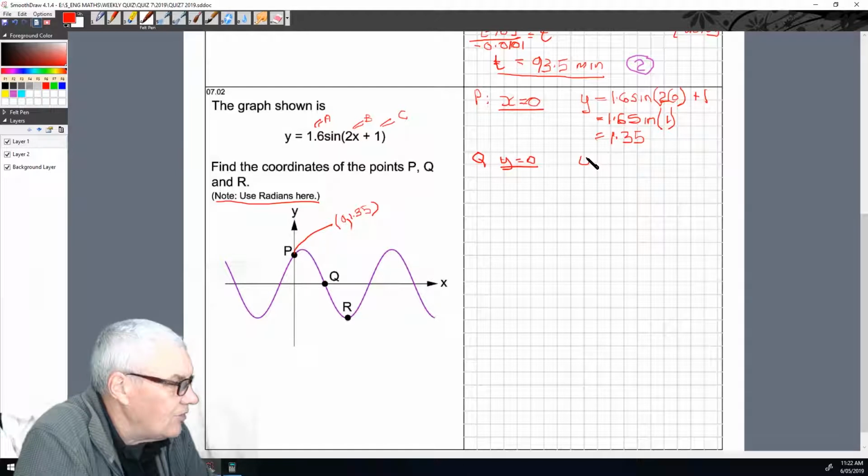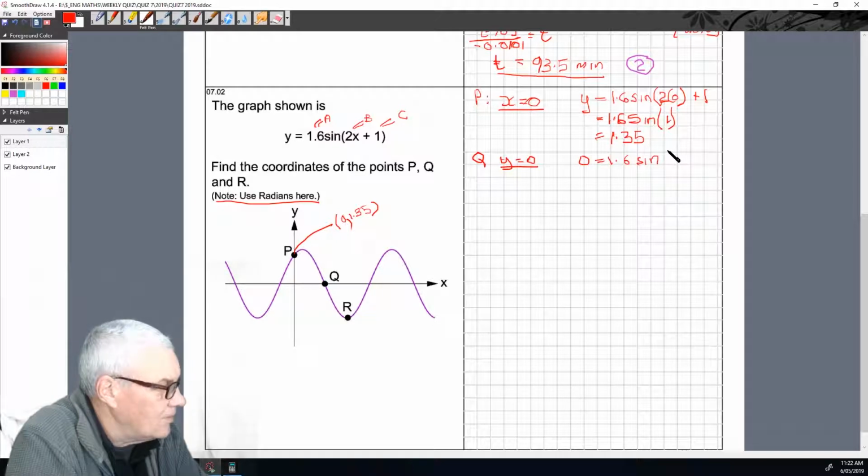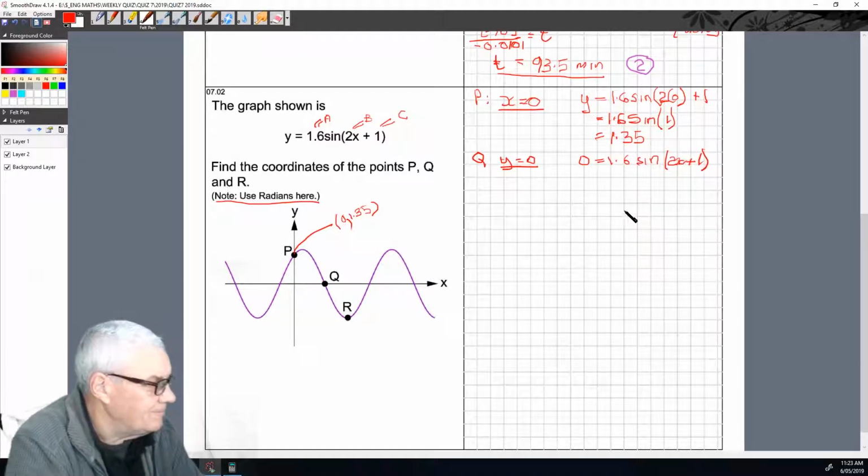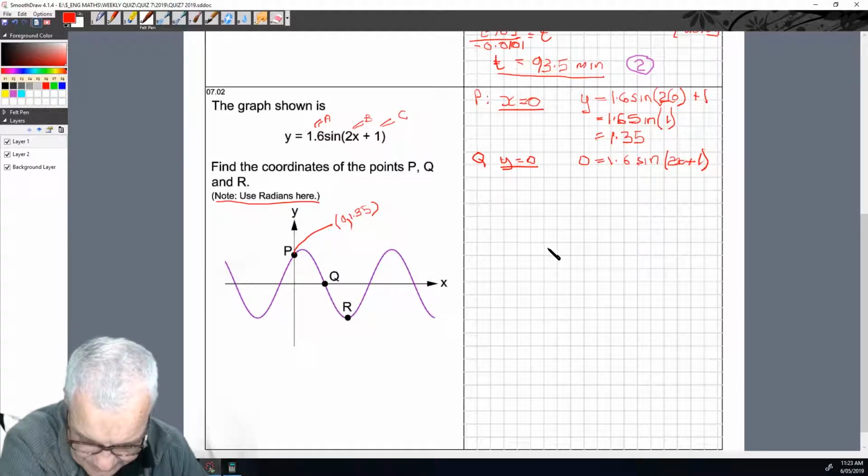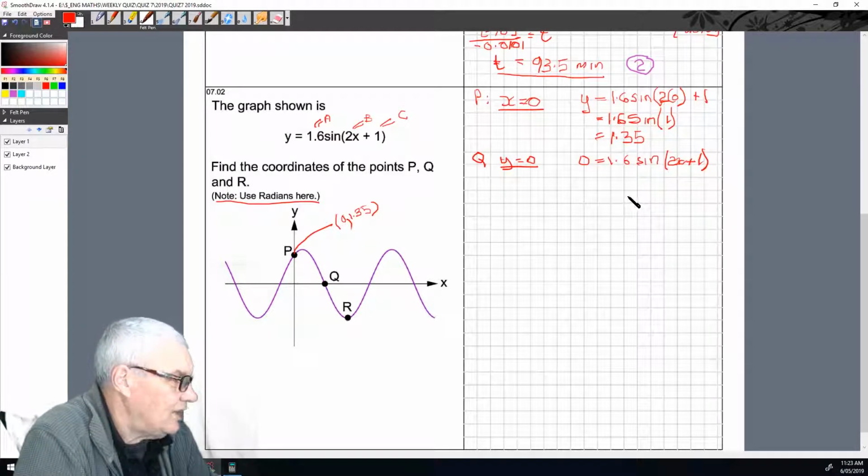So therefore we get 0 equals 1.6 sine 2x plus 1. All right.